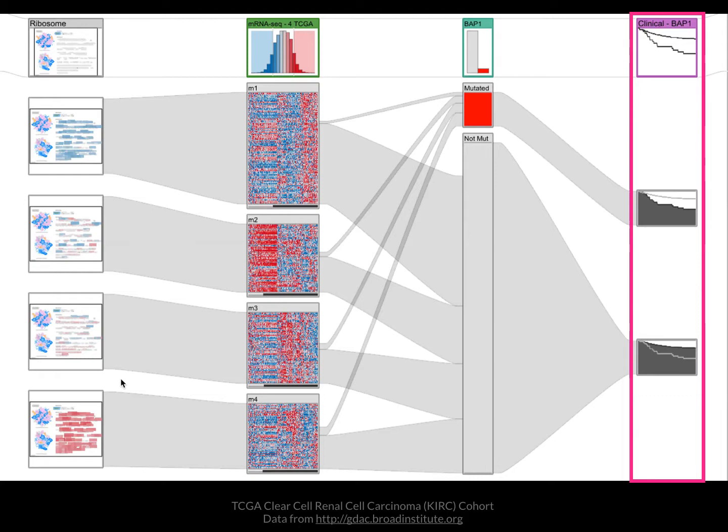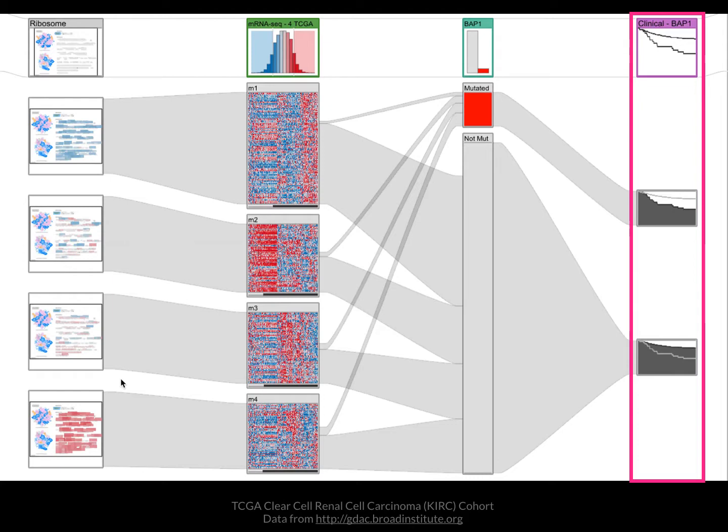We can do this in StratomeX by mapping data from a stratification on top of a pathway map. So we have the same pathway map 4 times. This is just a ribosome. And we can map the expression data for all the ribosomal genes for each cluster on top of this map. So we average across all patients for every gene in this pathway.